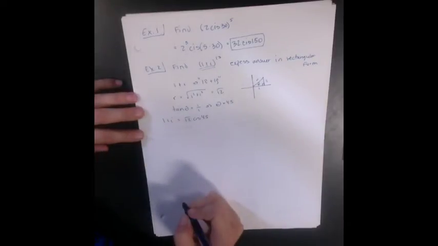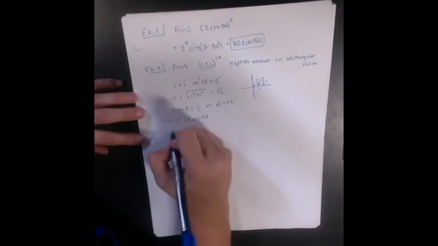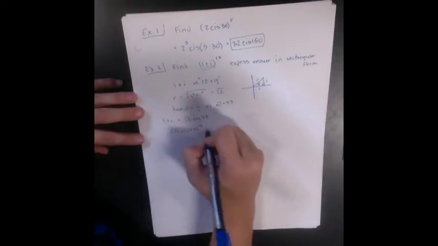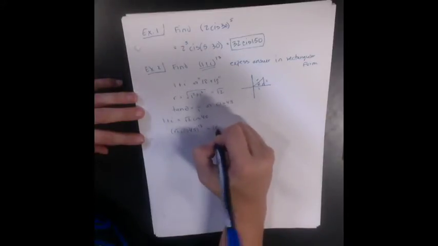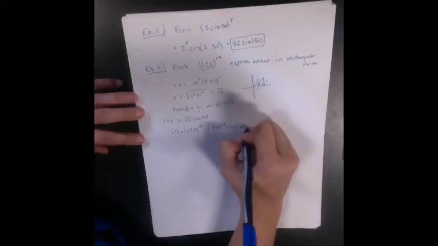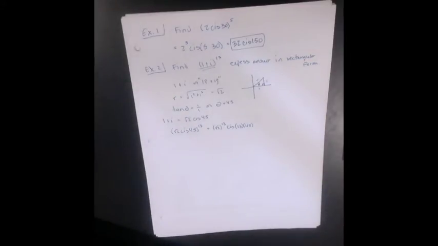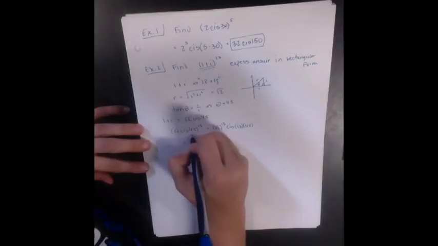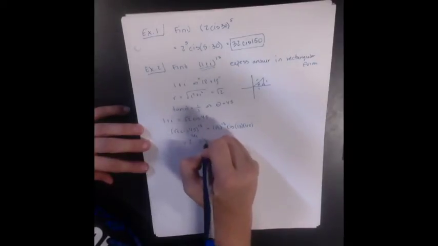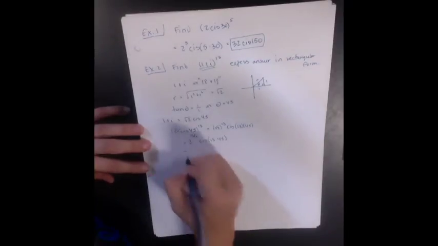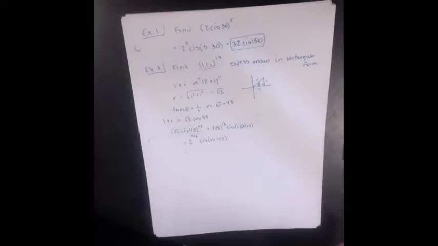So, to the 13th power, we will have root 2 cis 45 to the 13th, which becomes root 2 to the 13th cis of 13 times 45. So this gives me 2 to the 13 over 2 cis 13 times 45. Root 2 we just write as 1/2, and if we have a power raised to a power, we multiply them.